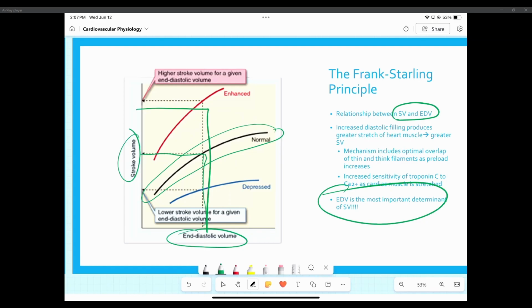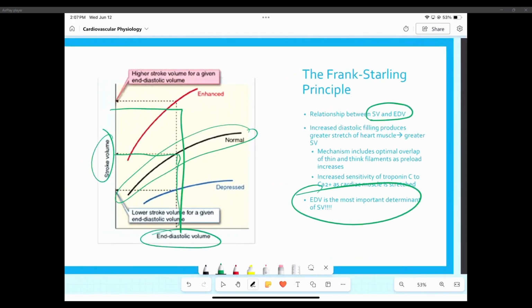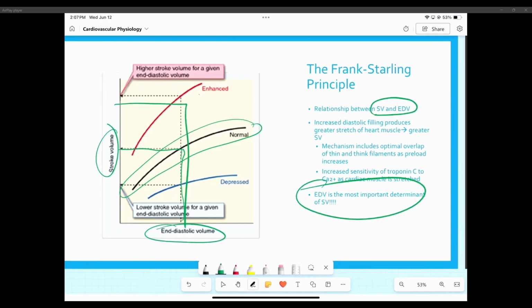Meaning, the higher the end diastolic volume, the bigger the contraction is going to be. It's the biggest one. Now, with this line right here, as you increase contractility, this line shifts to the left. If you decrease contractility, the line is going to shift down to the right.